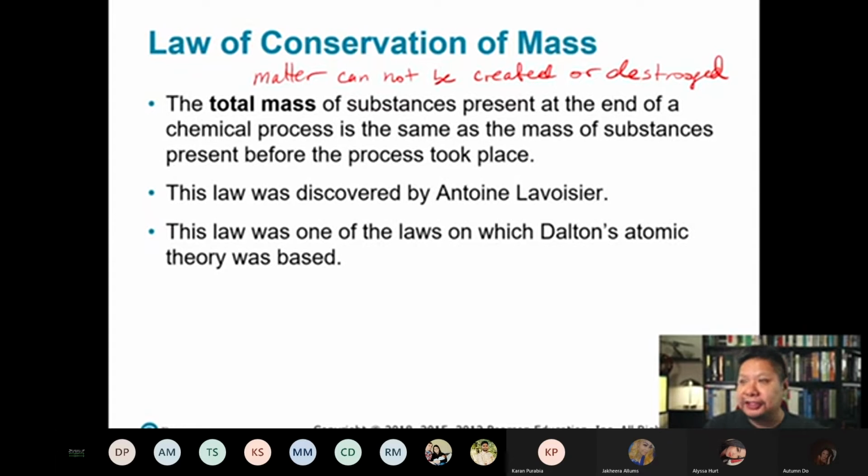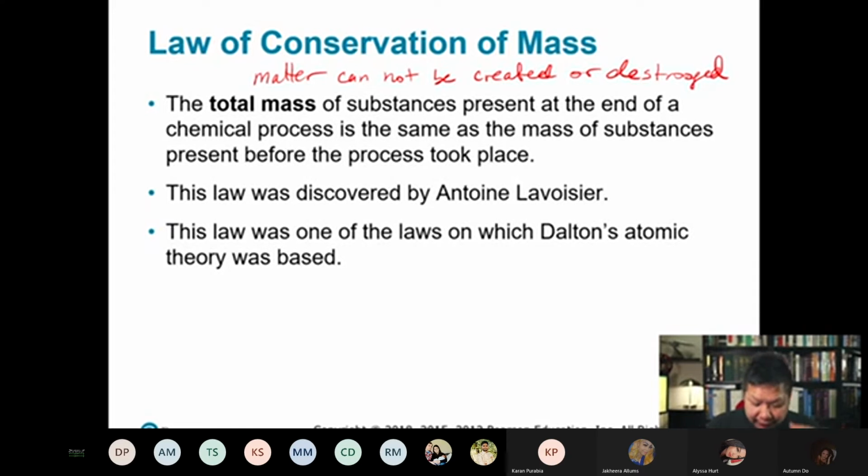Which is actually very similar to one of the laws of thermodynamics, which is energy cannot be created or destroyed, right? It just changes form, okay? And so that's the same thing with matter, right? Matter cannot be created or destroyed. It only changes form, okay?